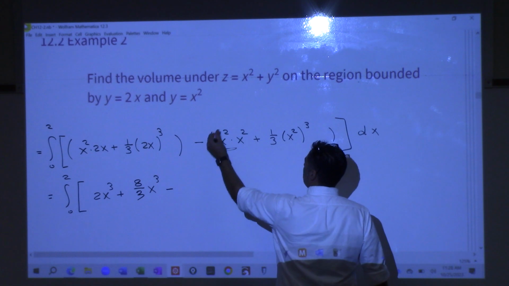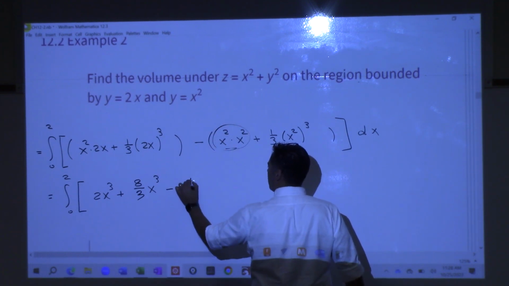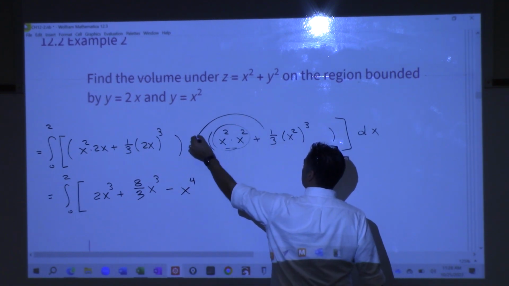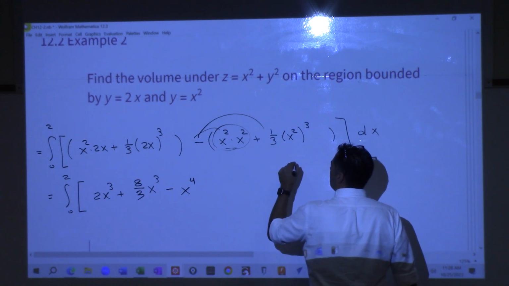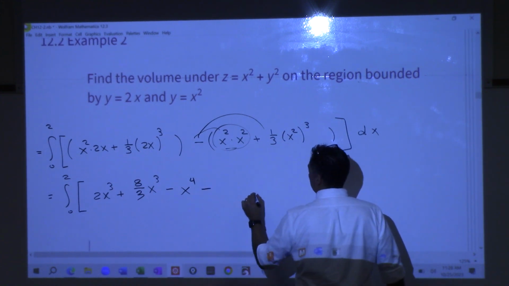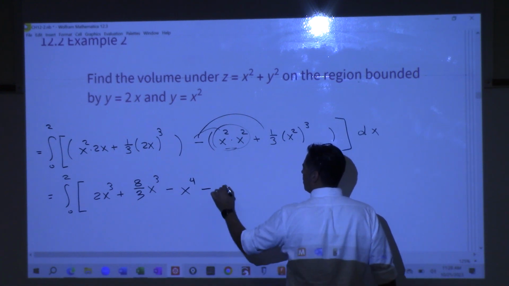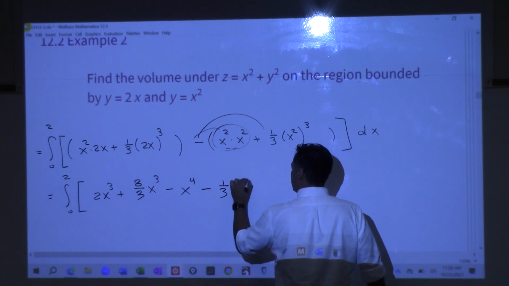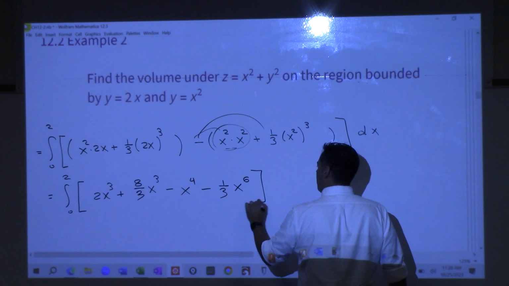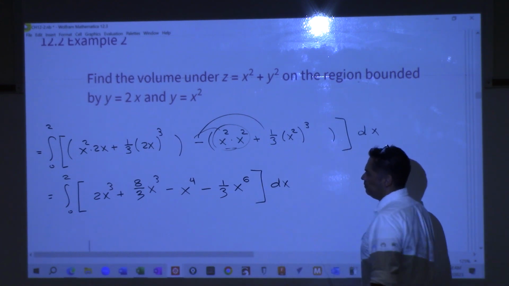Minus, now these two together, x to the 4th. And I'll do minus here as well. The 1/3 stays, then x squared cubed is x to the 6th. So 1/3 x to the 6th, and then all of that dx.